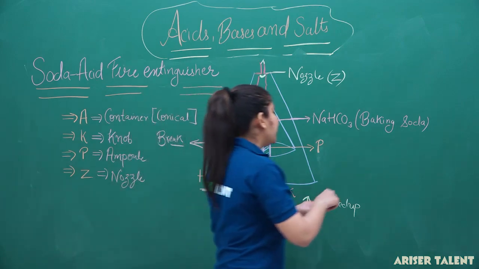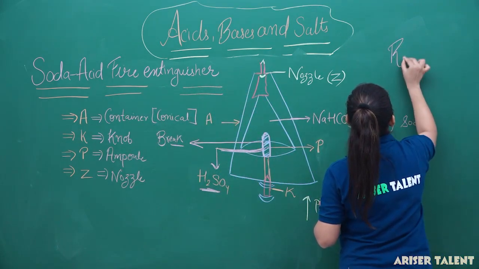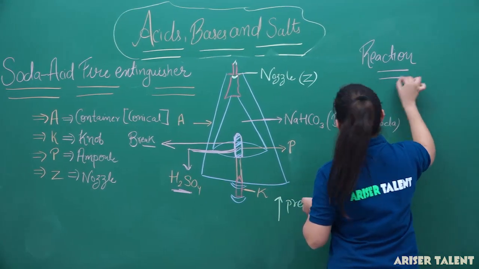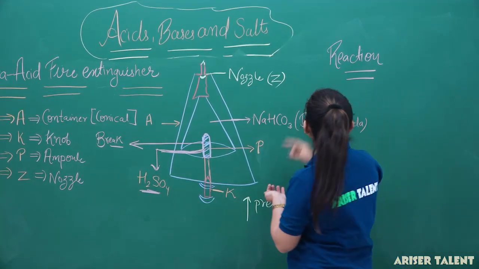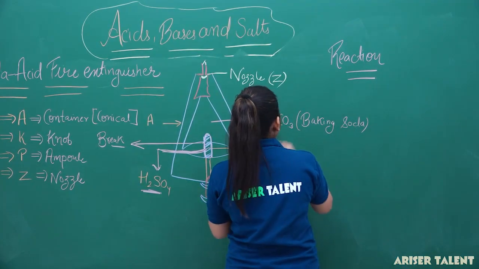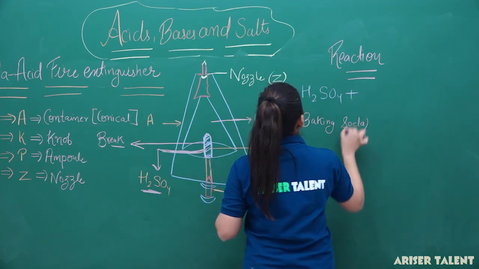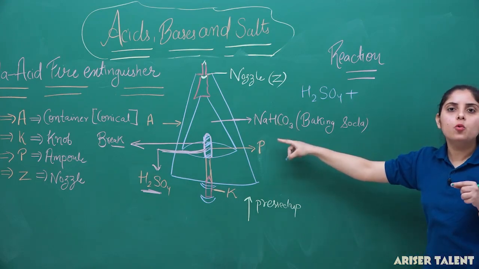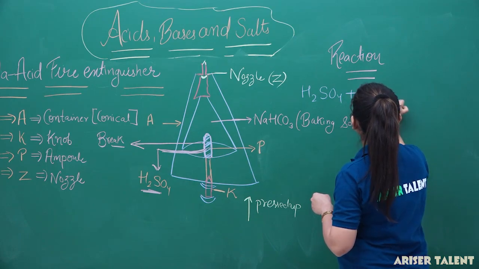So what will be the reaction taking place? I am writing the reaction here. As soon as the knob is pressed, H2SO4 will be eliminated. This is our H2SO4. This H2SO4 is going to react with the baking soda, that is our sodium hydrogen carbonate, that is NaHCO3.